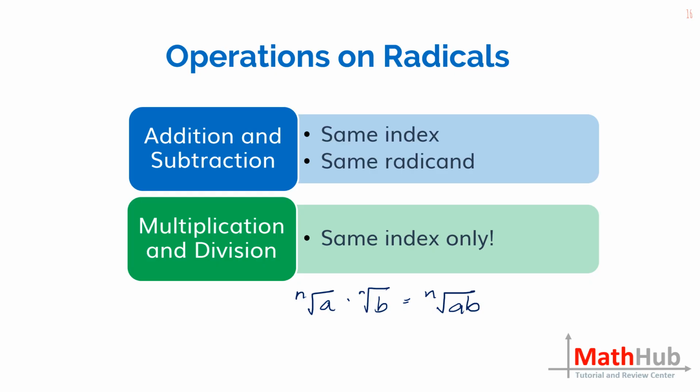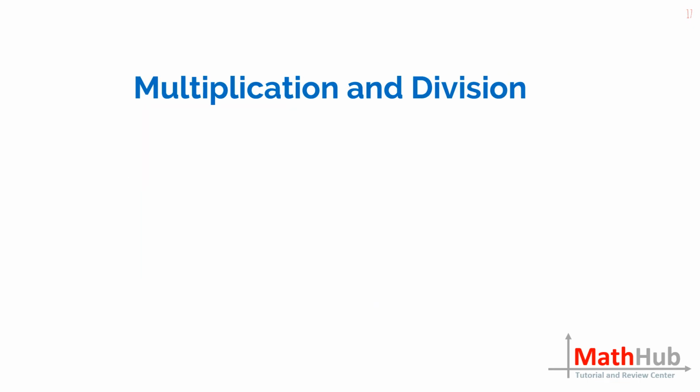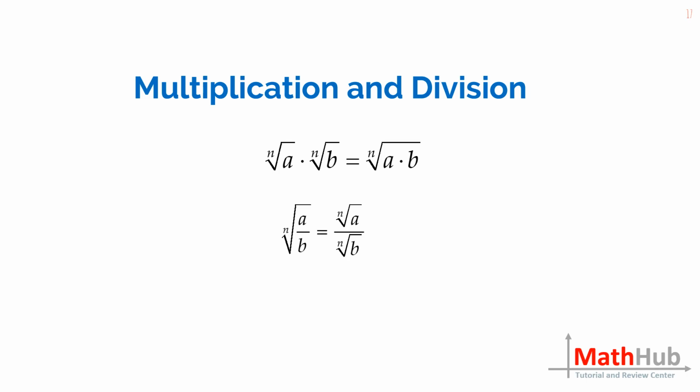So meaning to say, as long as you have the same index here, all you have to do is just multiply the radicands, all right?